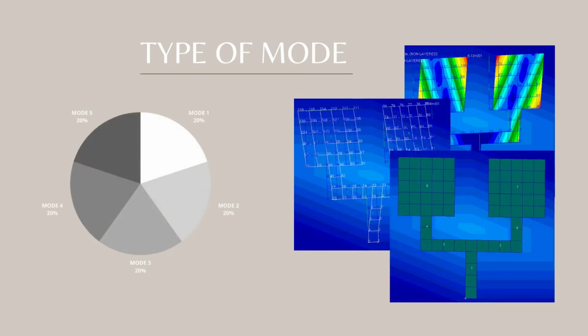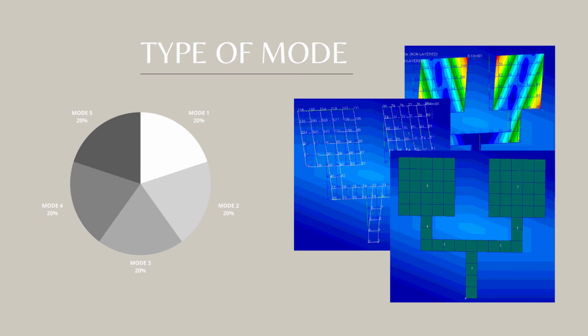Let's move to the last objective of my project, which is to determine the types of modes that exist in the system. There are 5 modes that I have collected for the system. So let's watch together those different types of modes.